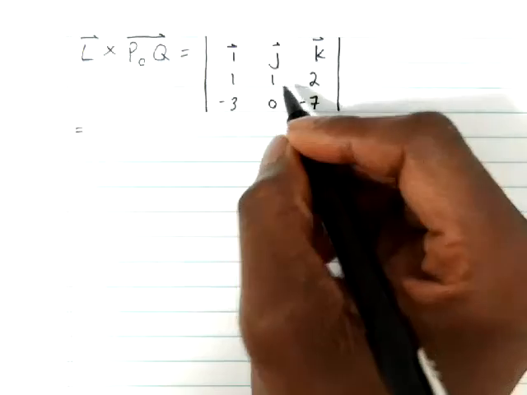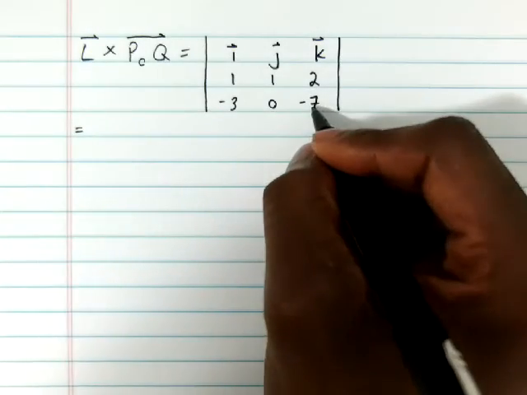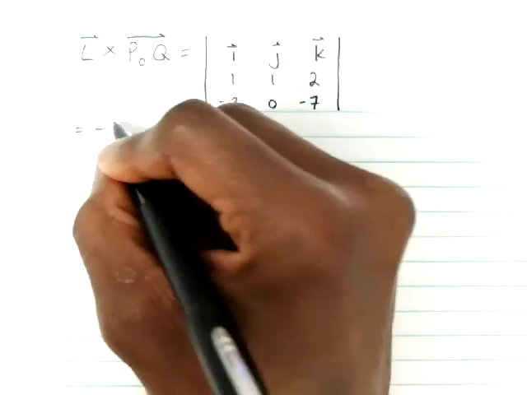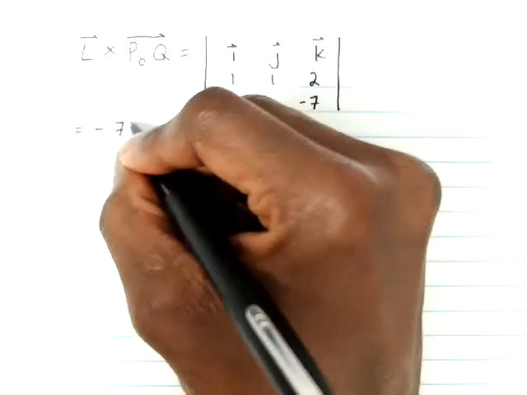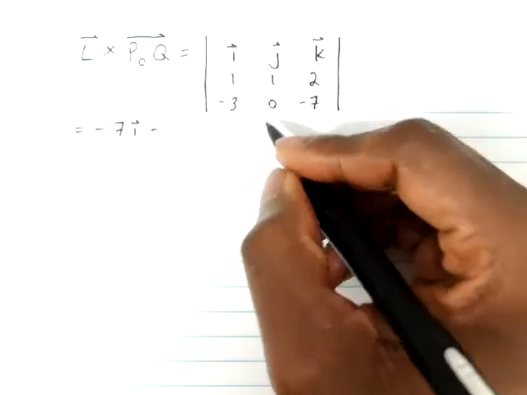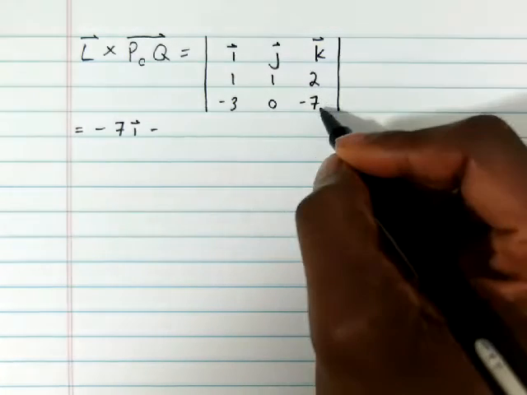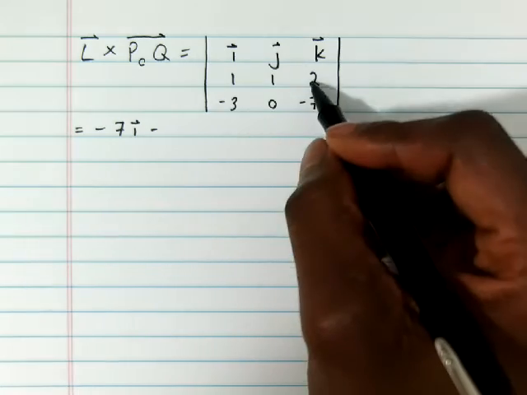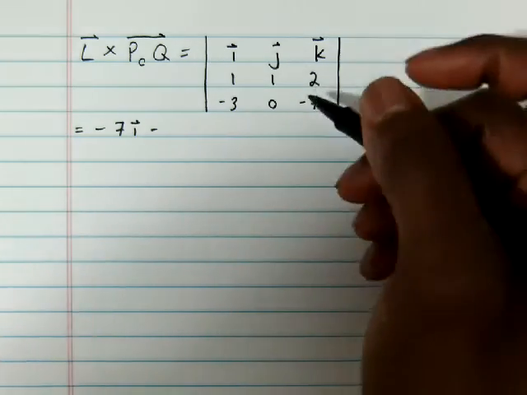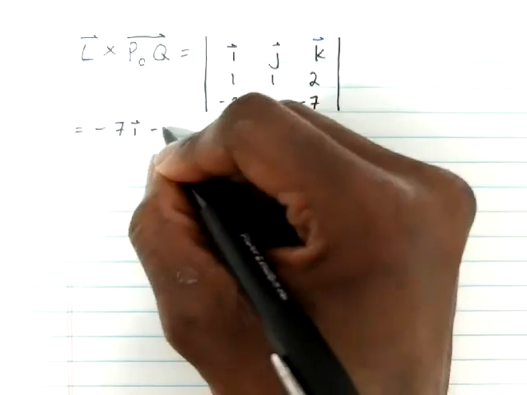So this is equal to 1 times -7, so -7, and then minus 0 times i, and then a minus sign, and then 1 times -7, which gives a -7, and then minus the -6, so -7 plus 6, which gives us -1.